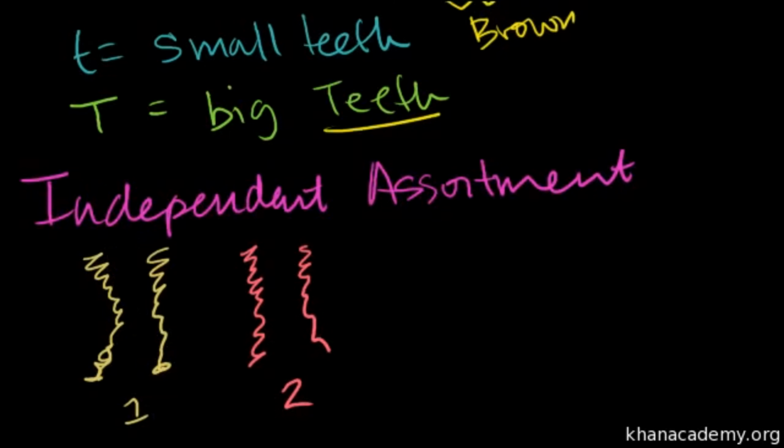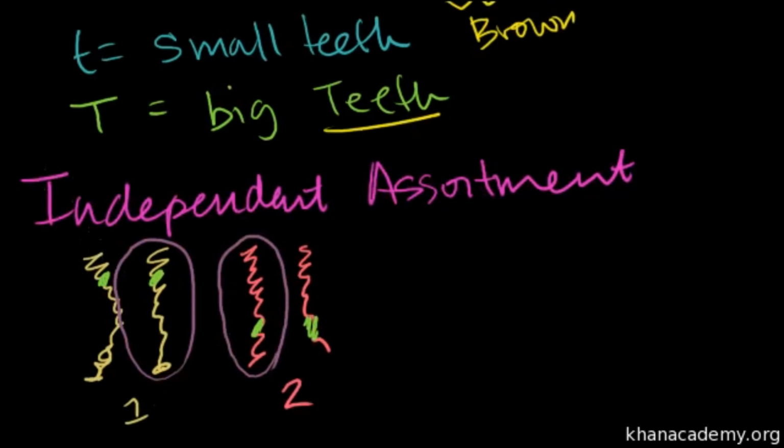If the eye color gene is here and here, remember, both homologous chromosomes code for the same genes. They might have different versions. Those are alleles. And if teeth are over here, they will assort independently. So after meiosis produces the gametes, the offspring might get this chromosome for eye color and a copy of this chromosome for tooth size.